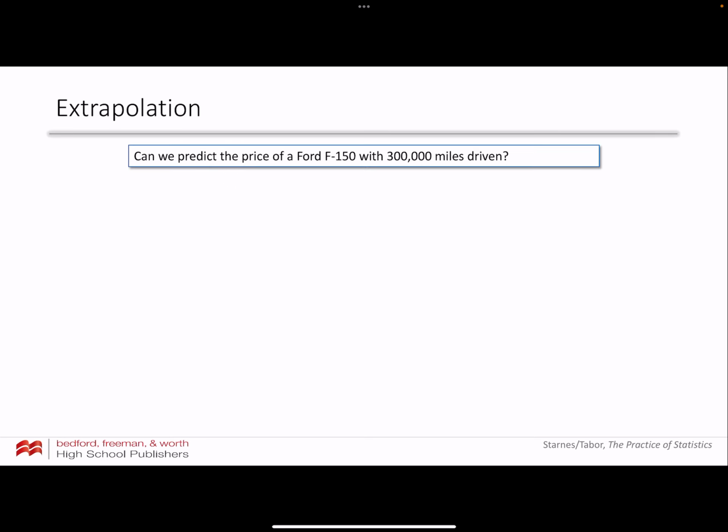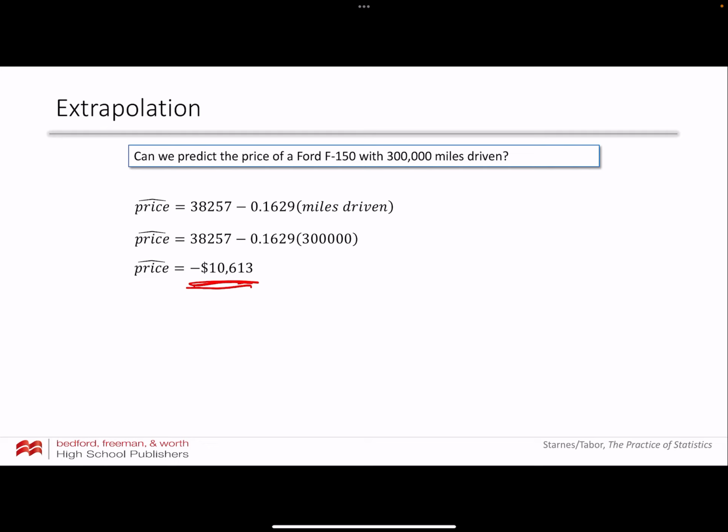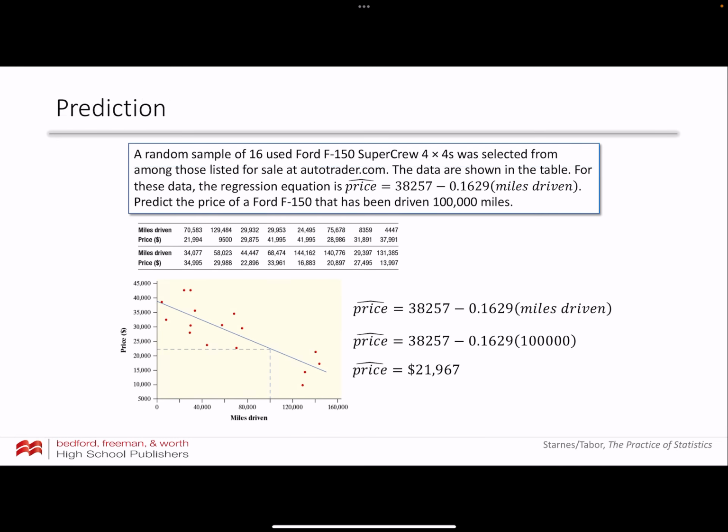So the question is, can we predict the price of a Ford F-150 with 300,000 miles driven? So same thing. We're going to plug in that 300,000 miles. So the price is negative $10,613. Let's think about this. If I go back a second to this graph, we're talking about a car that has 300,000 miles driven on it.